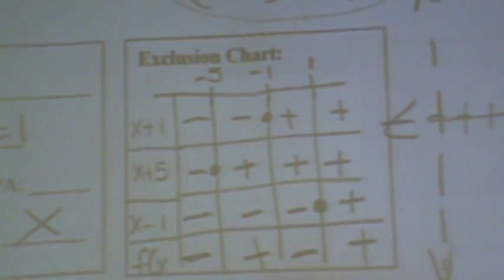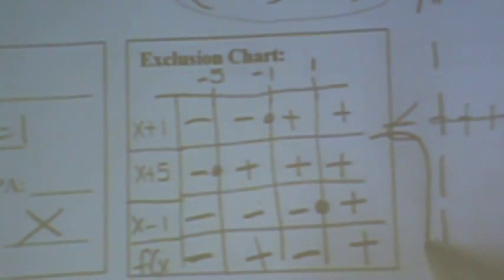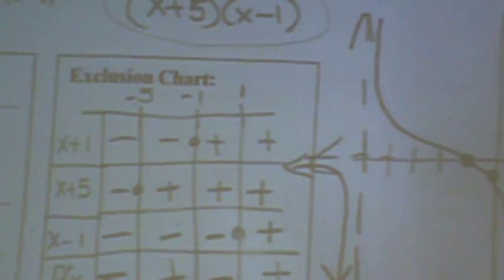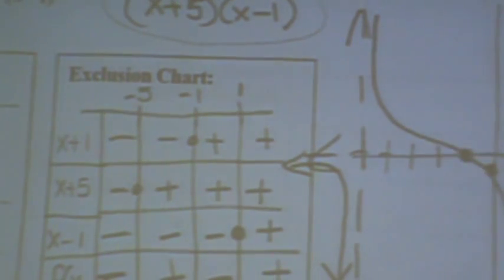Okay, so now we're going to put everything in place. So from negative infinity to negative 5, we're in the negative region. So something over here. From negative 5 to negative 1, it says we're in the positive region. Come down here, pick this up, then it's negative, and we're going to asymptote that down, and then positive.